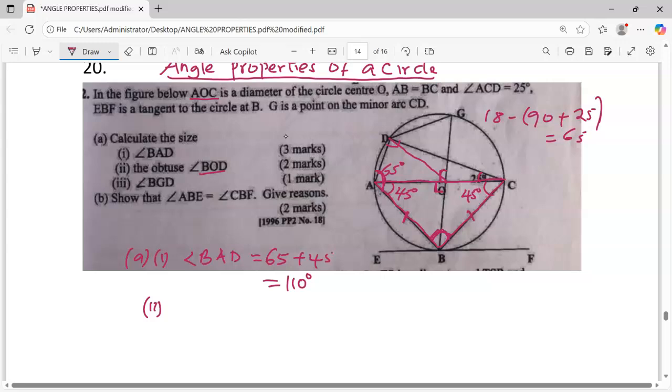But since OD and OA give us the radius of the circle, it means we have an isosceles triangle where the base angles are going to be equal.